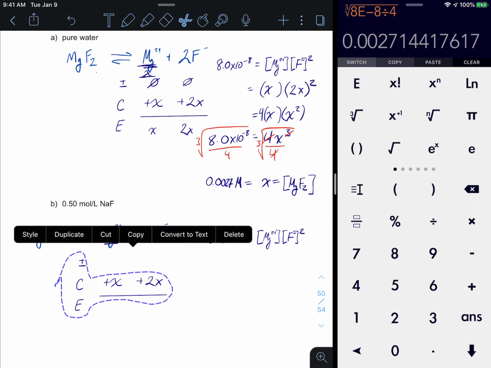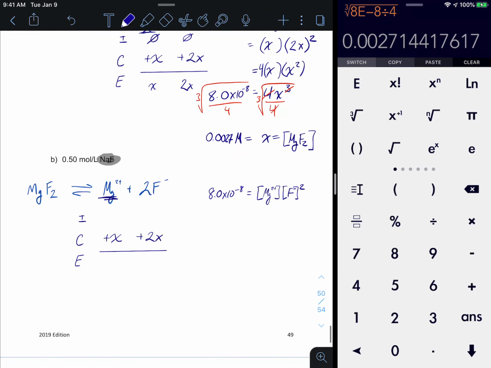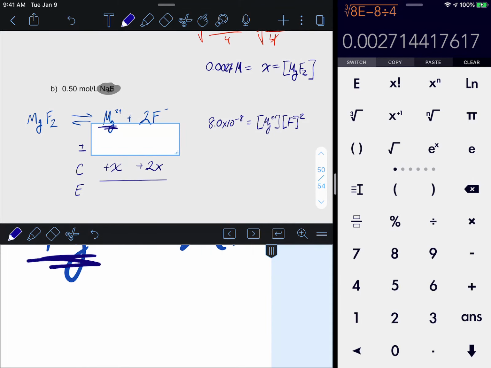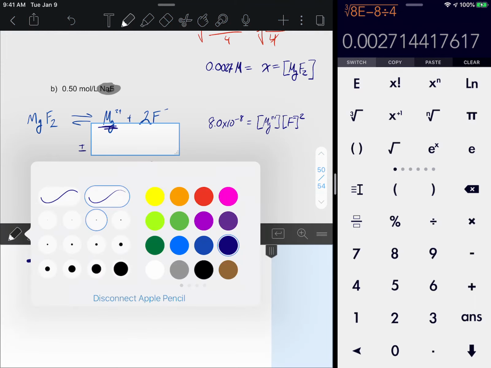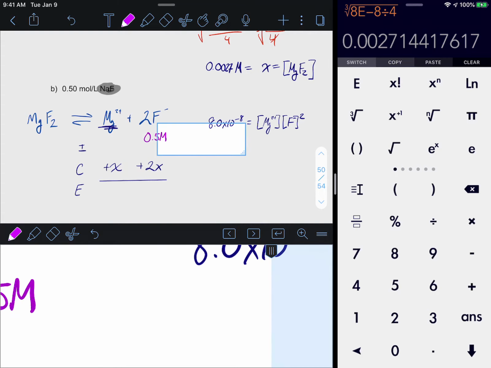Put that right there. And now we are starting with sodium fluoride, which is going to be soluble because it's an alkali metal. So that soluble alkali metal is going to be added in as a starting concentration for fluorine, 0.5 molar.